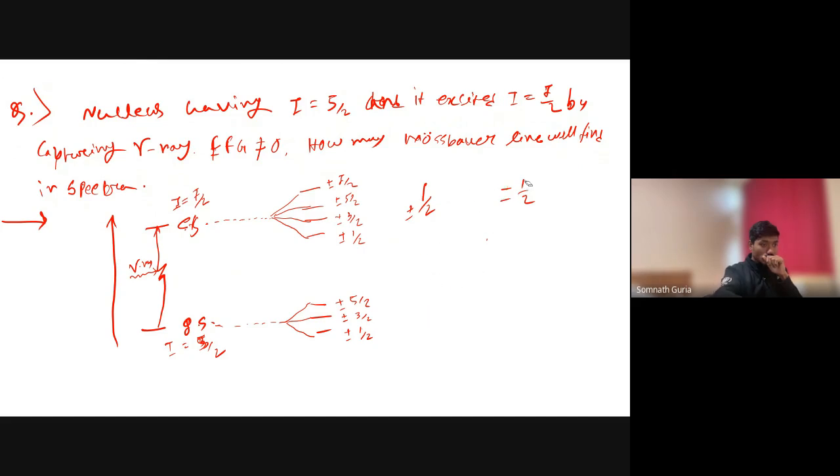We can shortly write it down. Here plus minus half, plus minus 3 by 2, plus minus 5 by 2, plus minus 7 by 2.